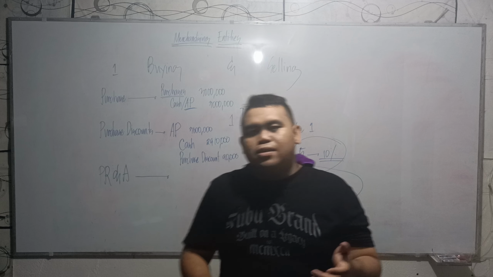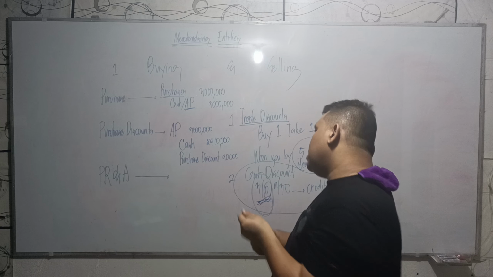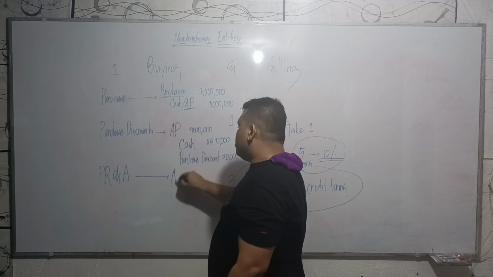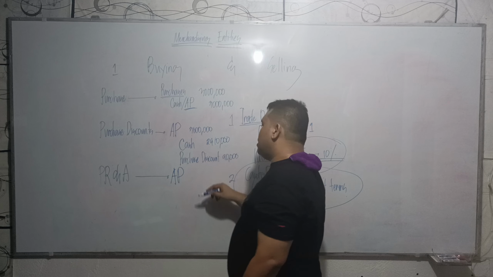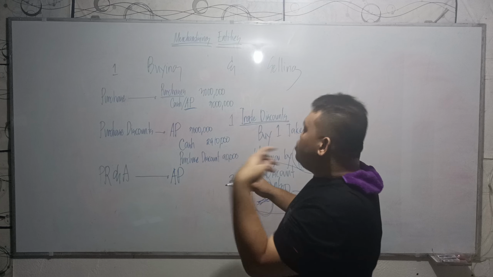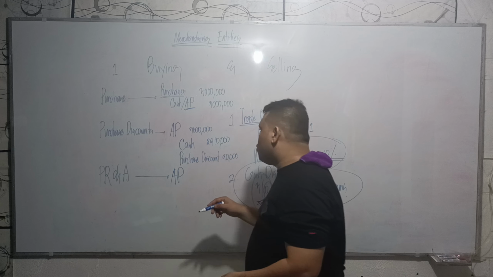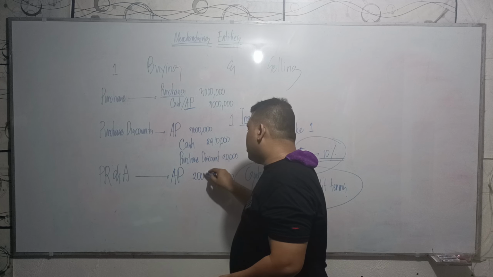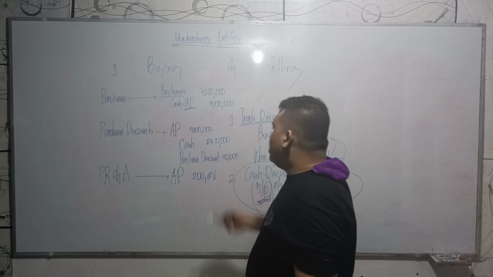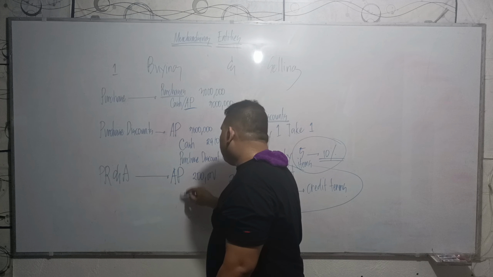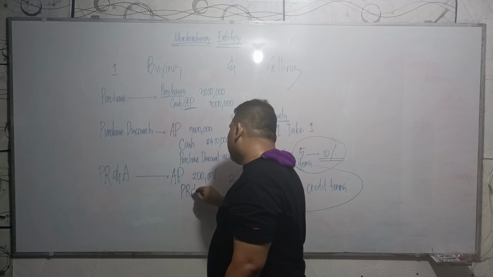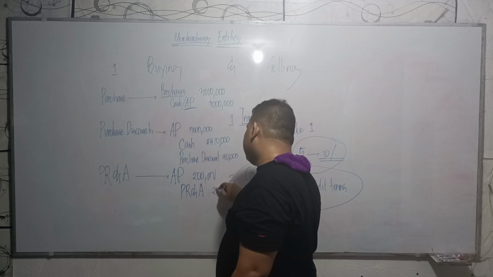So what will be your entry if you return something? Of course, your accounts payable will be decreased, so it will be debited. For example, you returned 200,000 worth of goods. So accounts payable 200,000. And then credit purchase returns and allowances.